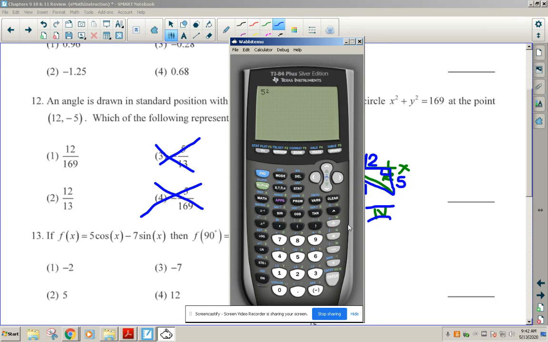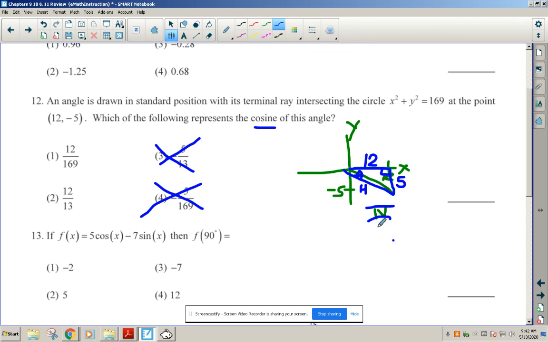The signs, positive or negative, are the quadrant. It's the location in trigonometry. So 5 squared plus 12 squared equals 169. And now the hypotenuse would be the square root of 169, and that would be 13. So now I know my hypotenuse is 13.